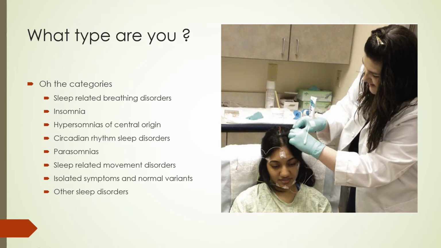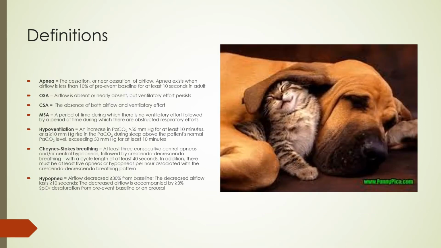All right, so there are other categories besides sleep breathing disorders, but we're going to focus on just regular sleep breathing disorders for our purposes. All right, some definitions. Apnea means the cessation or almost complete cessation, so that means there's hardly any gas flow going through there. We'll still count it as cessation when the adult airflow is less than 10%, meaning almost no air is flowing past that tongue, for at least 10 seconds.